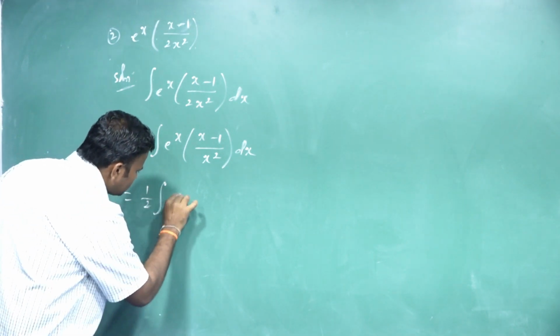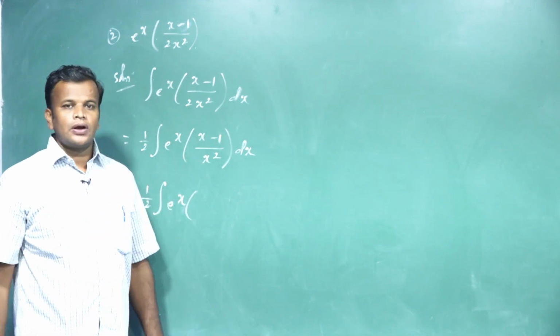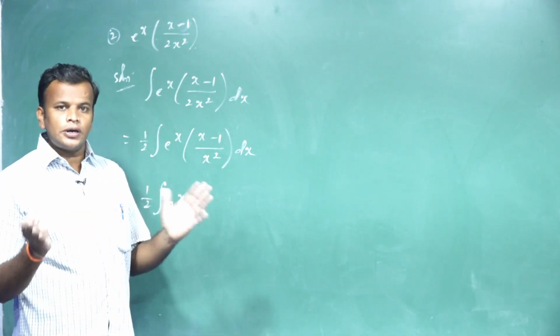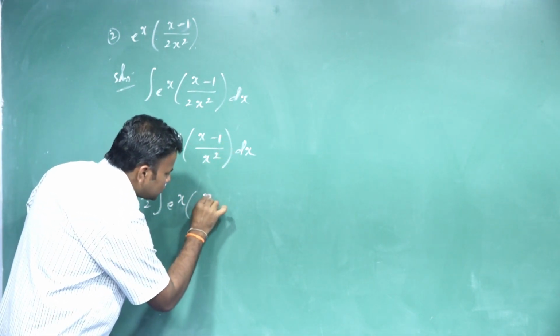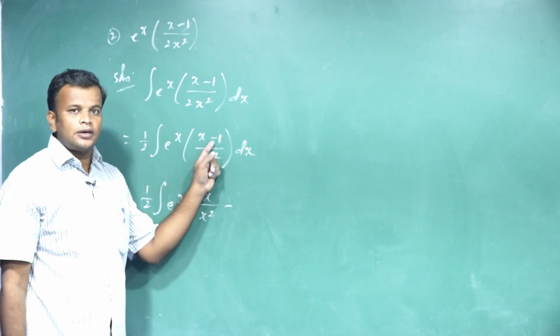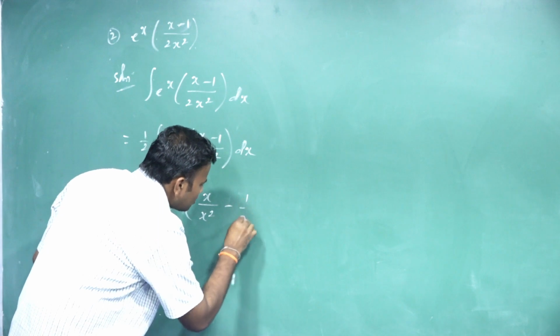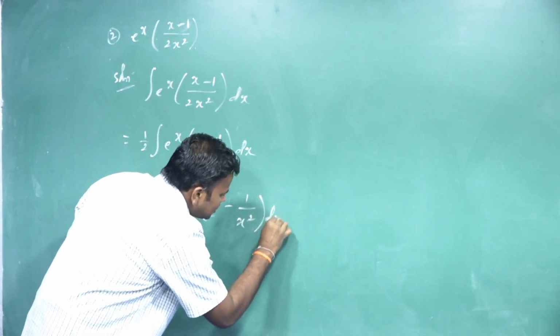1 by 2 e power x of, now actually it is a single term. Now I split the single term into two terms. This x square is common in both. So we split, we get x by x square, okay? Minus sign is there, minus 1 by x square into dx.